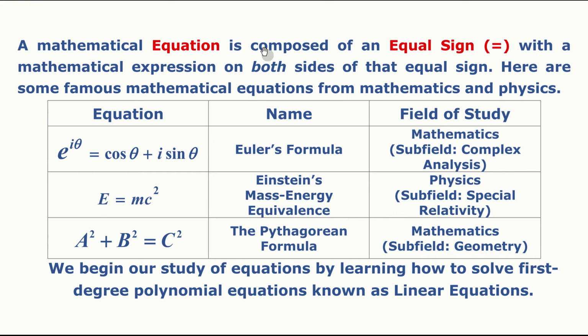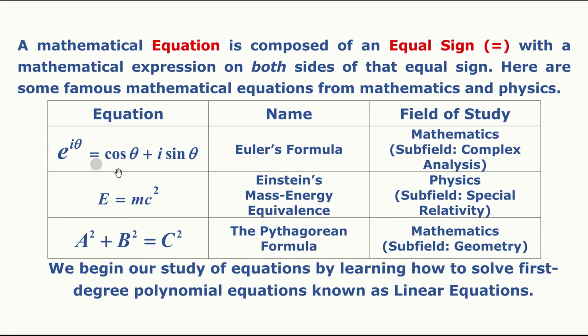Now, a mathematical equation, as mentioned earlier, is composed of an equal sign with a mathematical expression on both sides of that equal sign. Here are some famous mathematical equations to consider. One of the nicest equations from mathematics is what's called Euler's formula.